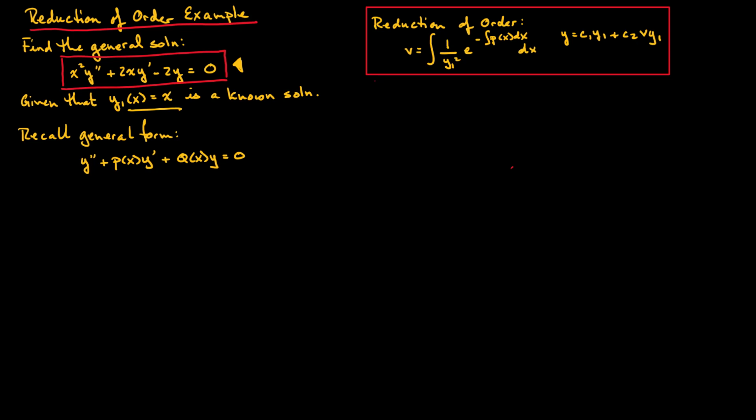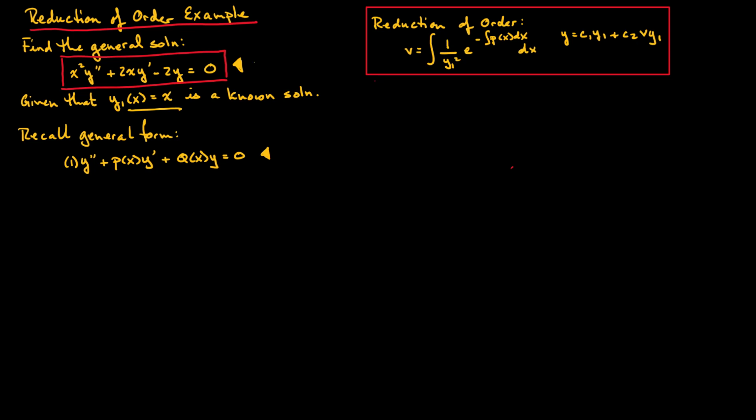Now recall that when we derived our solution for v, we started from a general form such as this one. And this is the general form that you will want to convert your ODE to before you start solving it. This general form has a 1 in front of the highest order derivative y double prime.